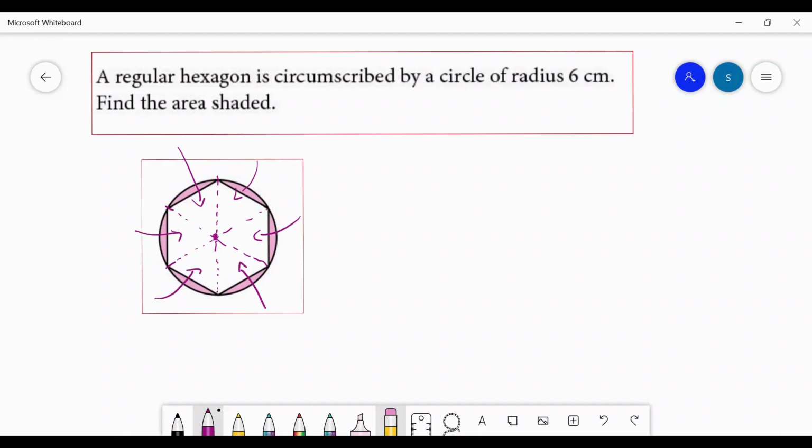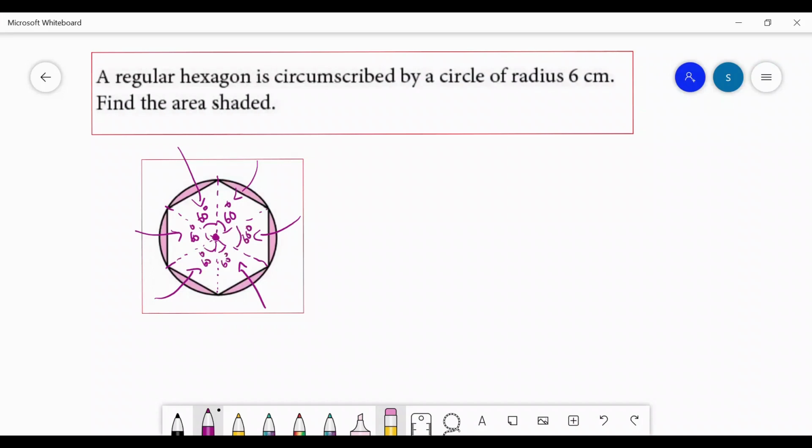Each of them is going to have the same area. The angle around a point is 360 degrees, right? So this entire angle is 360 degrees. If you cut that up into 6 equal sections, each would be 60 degrees.